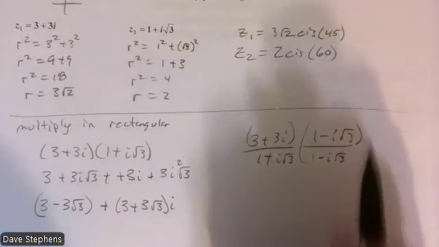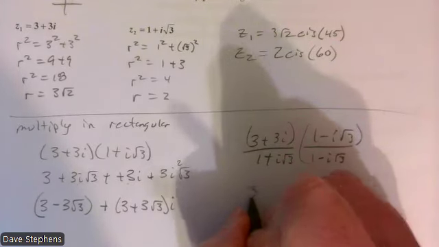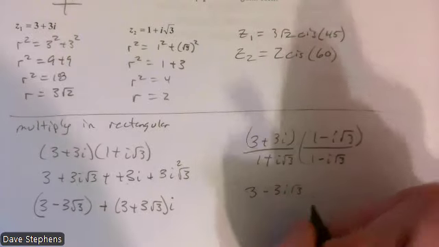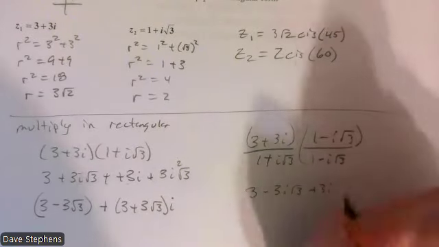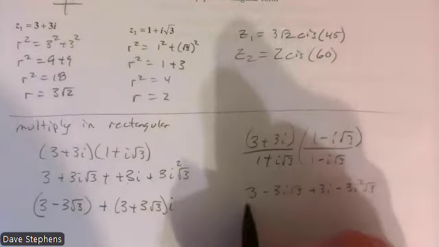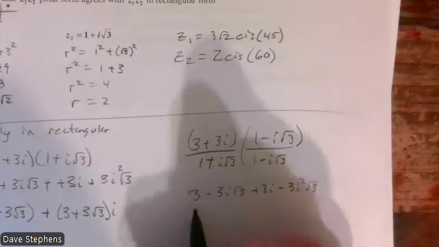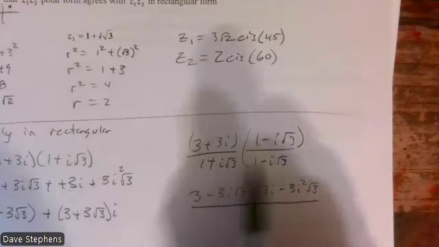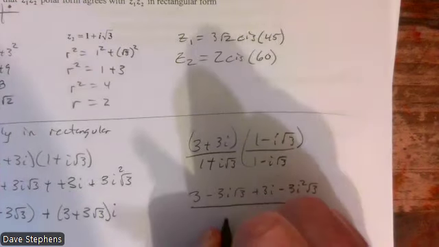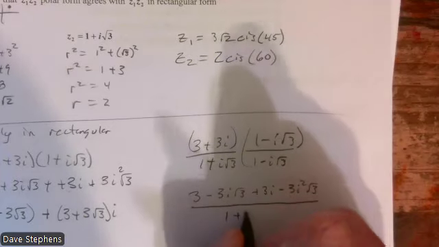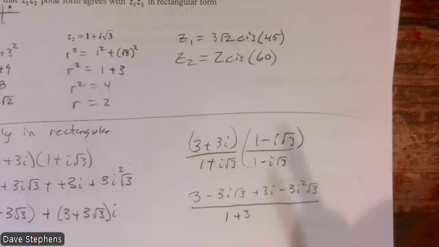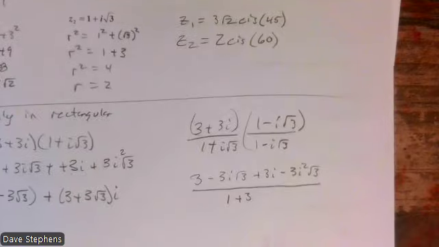And when we multiply across the top, we have to FOIL, so 3 minus 3i root 3, and then plus 3i minus 3i squared root 3, all over. And conjugates in the denominator turns out to be really friendly. It's just a squared plus b squared. So 1 plus 3. Right? Root 3 squared is just 3. That's friendly. The rest of it's kind of gross.